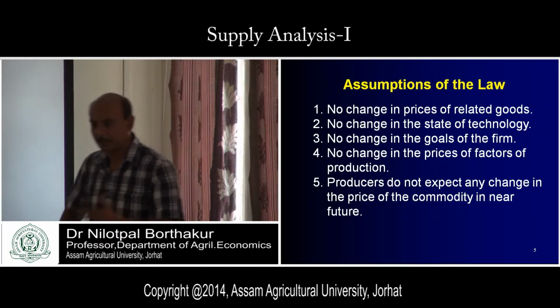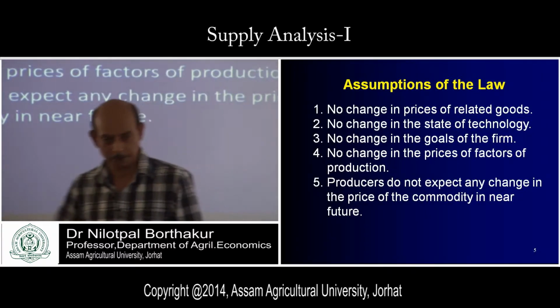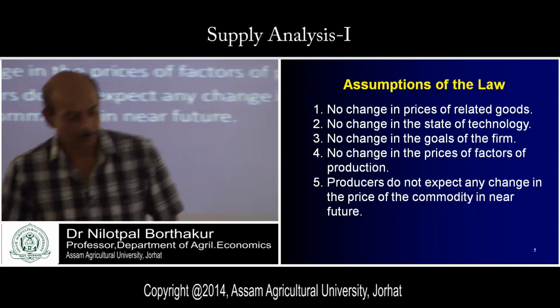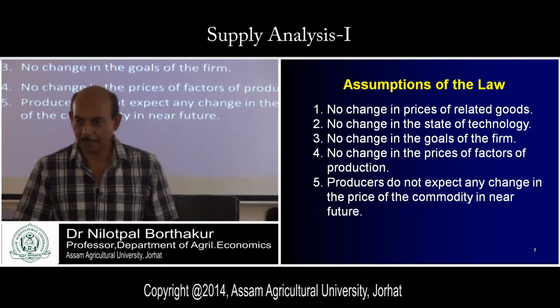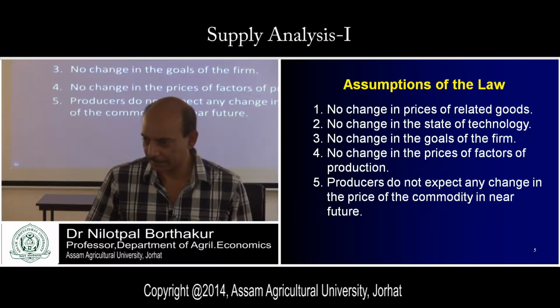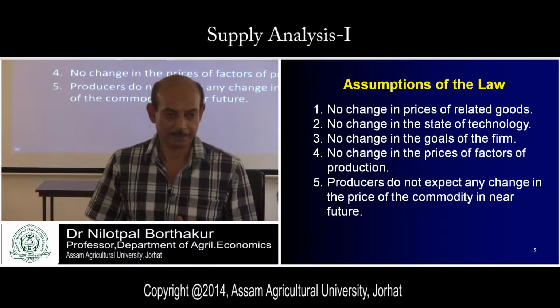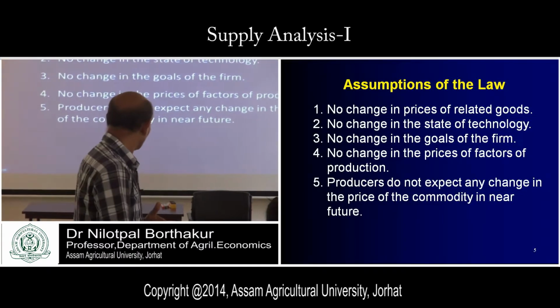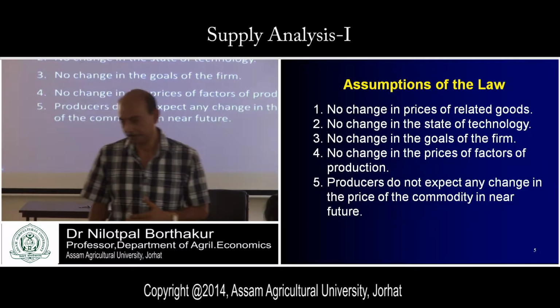Now, this particular law is based upon certain assumptions. We assume certain other things, and then only we find that if price increases, supply increases, and if price comes down, supply also decreases. This will happen when there is no change in the price of related goods.